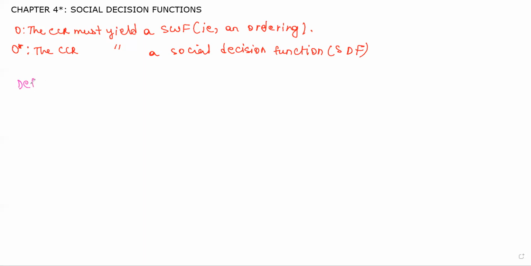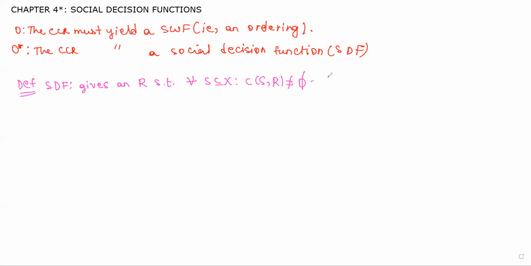An SDF is a collective choice rule which gives an R such that for all S subset of X, C(S, R) is non-empty.